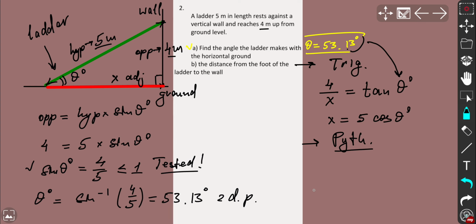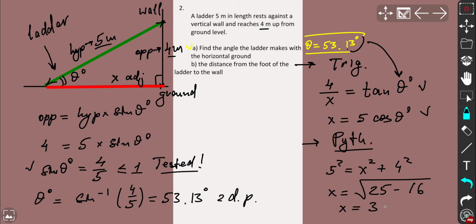If you're good, you can use both ratios or Pythagoras straight away. For Pythagoras, we need hypotenuse squared equals opposite squared plus adjacent squared. So 5 squared is going to be x squared plus 4 squared. From where x is going to be the square root of 25 minus 16, which is 9, so x is 3 meters.